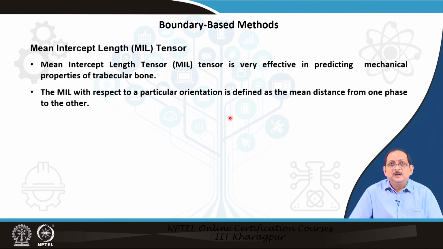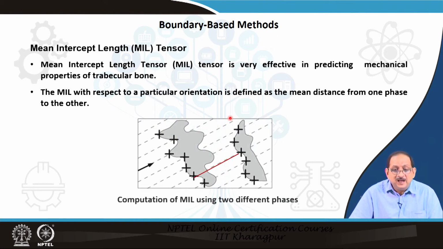Let us consider the mean intercept length tensor. Mean intercept length tensor is very effective in predicting mechanical properties of trabecular bone. As discussed earlier, bone is a composite material consisting of different phases. The mean intercept length with respect to a particular orientation is defined as the mean distance from one phase to the other, as presented in the figure.